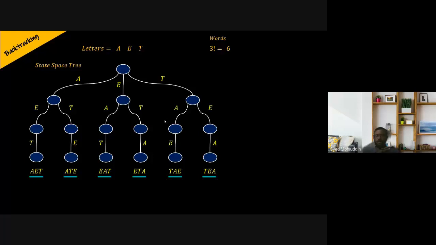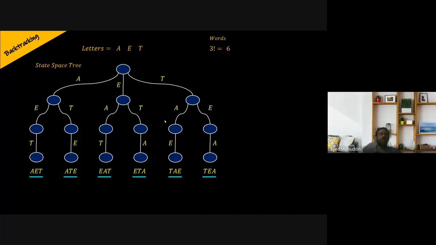So we don't have labels in the nodes, but we do label the edges. The path from the root to the leaf node gives us the labels on the edges, and we get the solution there. So in this case, from these 3 letters, we created 6 words.